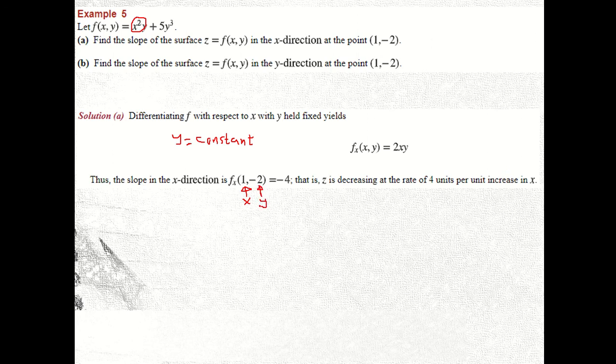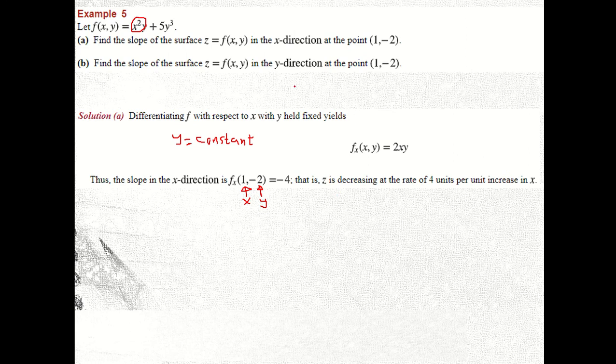Substituting these values into the result of our partial differentiation, 2 times 1 is 2, times -2 equals -4.